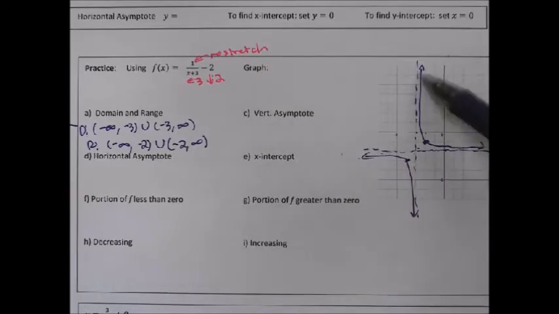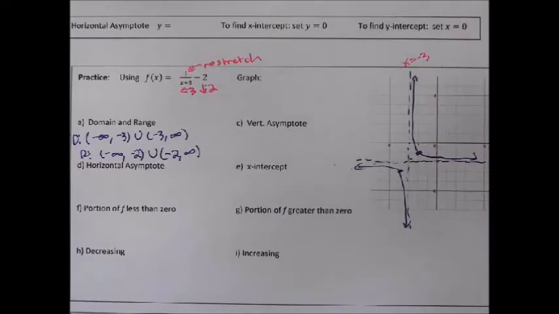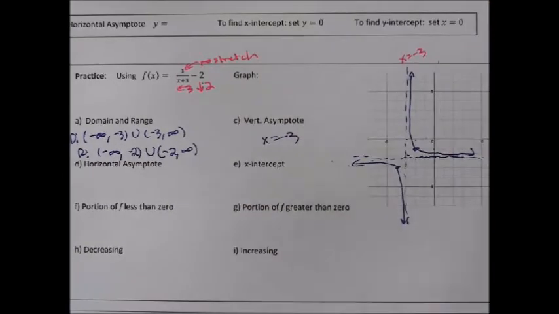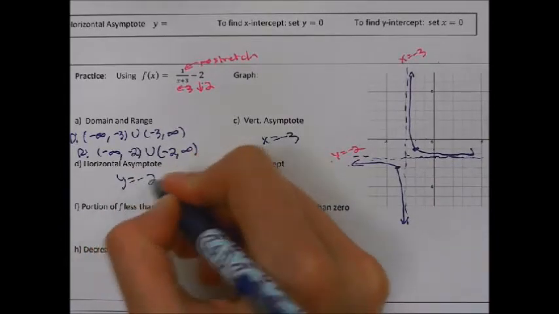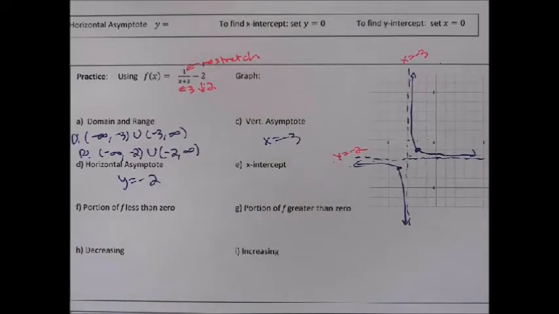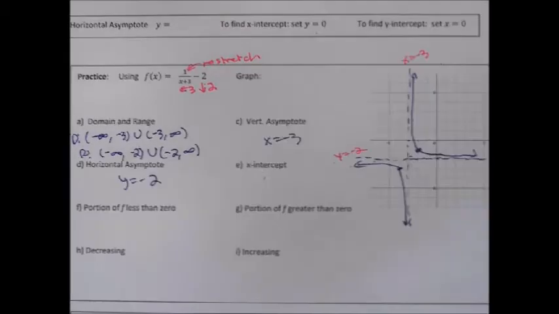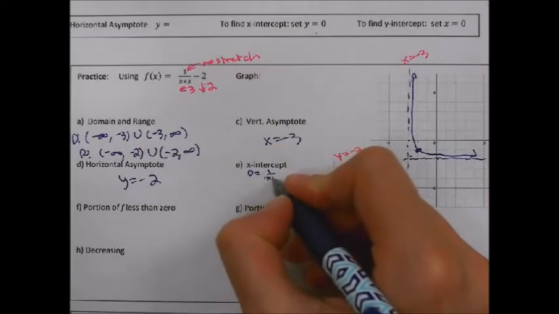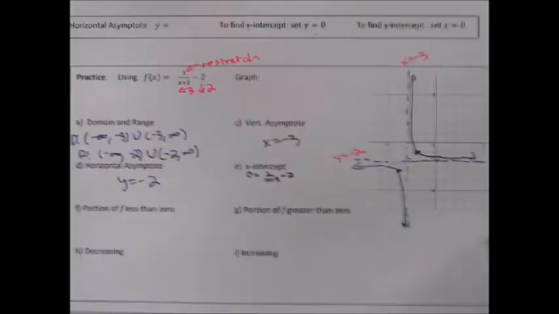Our vertical asymptote, that's this one, x equals negative 3. Our horizontal asymptote, that's y equals negative 2. For our x-intercept, we set y equal to 0. I'm going to do that work over here.